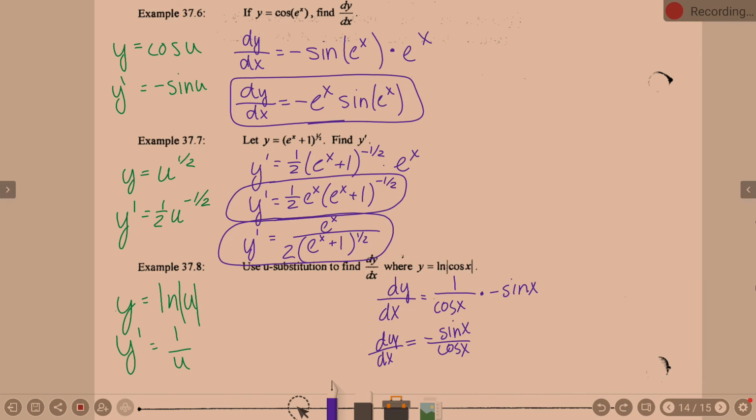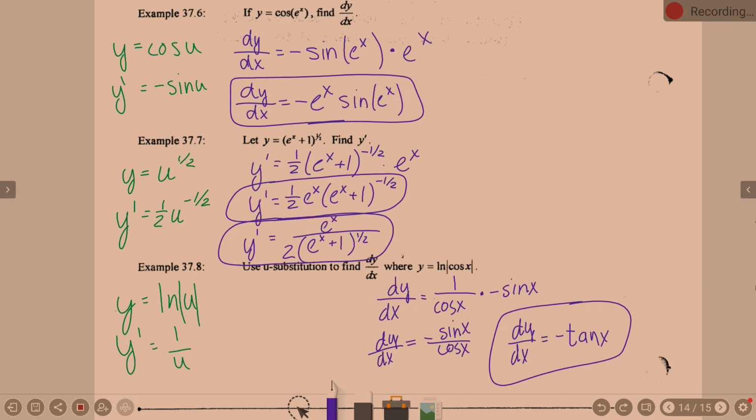But once you see it as a fraction, that should click: sine over cosine is always tangent. And so we can say here that dy/dx is negative tangent x. That's one of the special derivatives we eventually see in a list later on down the road.